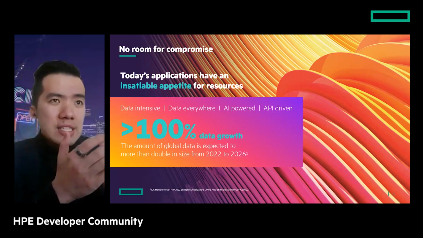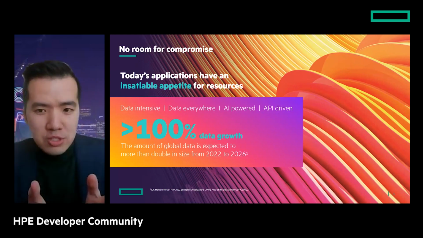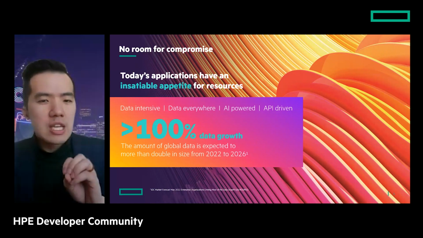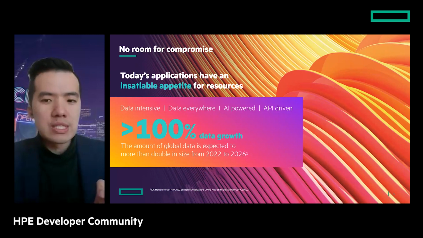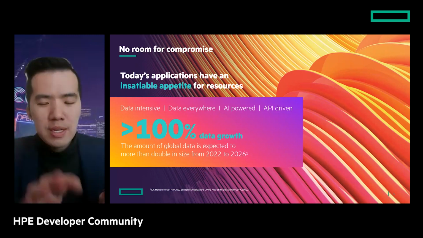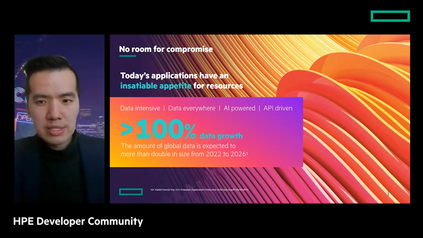So what do I mean by that? Perhaps the acceleration of digital transformation presents a couple of problems, right? Today's applications have an insatiable appetite for resources, and we don't expect that to slow down. In fact, we expect that to more than double over the next few years.